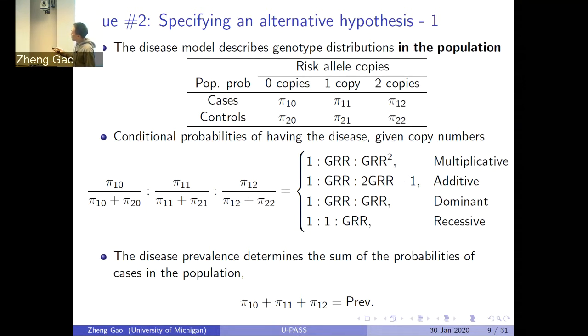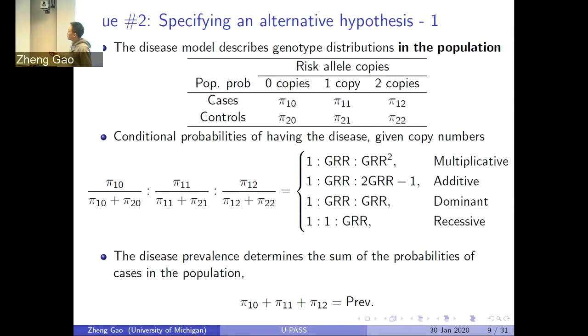Now, these so-called disease models are slightly different from the 2x2 table that we saw earlier. In these disease models, you have 3 columns instead of 2. Just now we counted the total number of certain genetic variants in 2 columns. There could be more, but typically only 2 constitute most of the population.